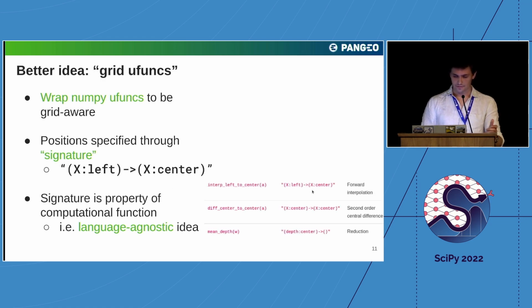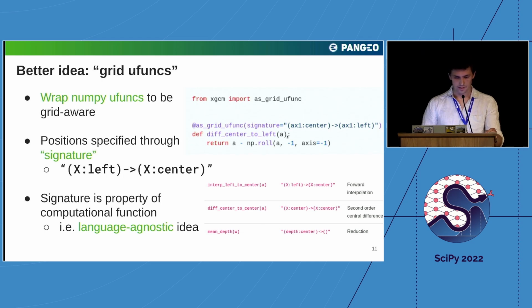And then you would have different, what we call signatures, for different types of functions, depending on whether you're going forward interpolation, backward interpolation, the order of the operator that you're applying, and so on. Our implementation for a very simple case looks like this. We import a decorator from XGCM. We decorate the function with the signature that explains what's going to happen to the input variable and where the resulting output variable is going to lie.